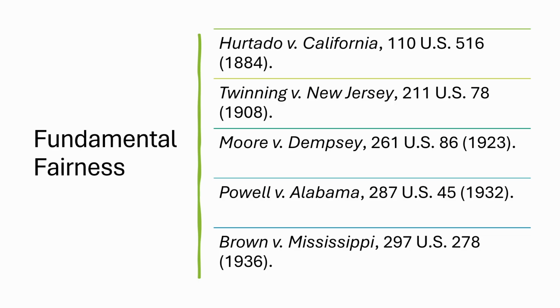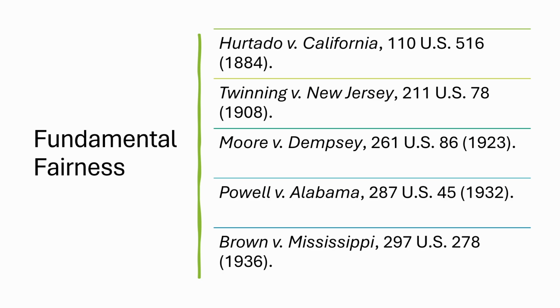This reasoning was reaffirmed in Twining v. New Jersey, 211 U.S. 78, 1908, where the court rejected a challenge involving the right against self-incrimination, but acknowledged that some rights might eventually be considered fundamental under the 14th Amendment.